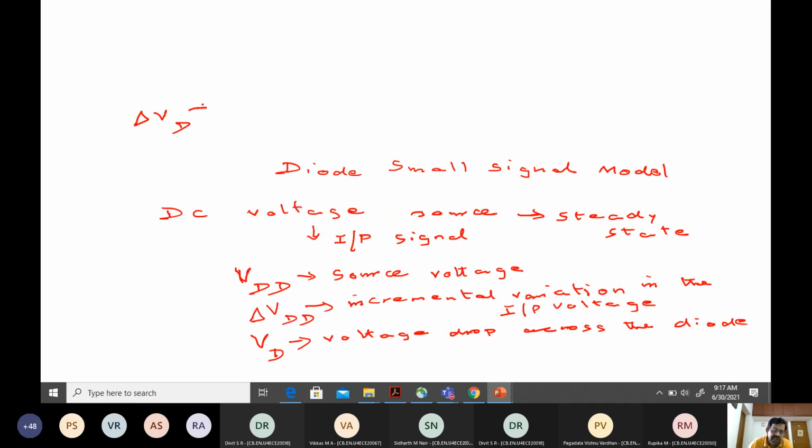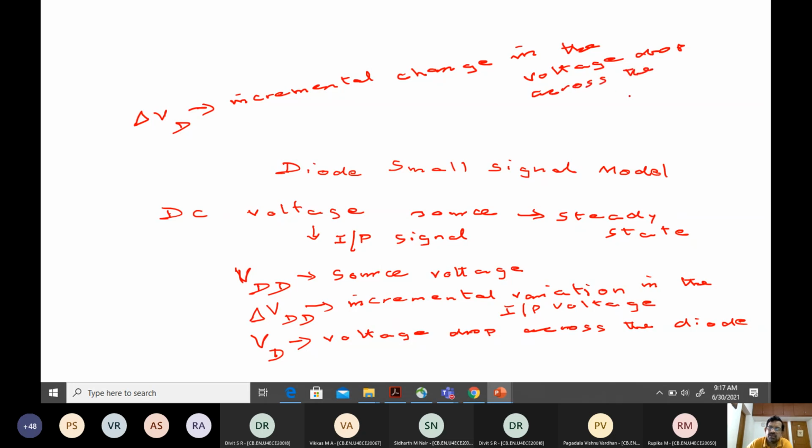So the corresponding variation across the diode will be delta VD. Incremental change. Incremental means small steps, like a baby step. So this is the incremental change in the voltage drop across the diode.